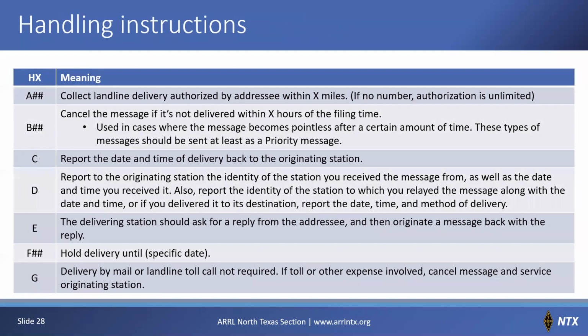The most common one that you'll see is Hotel X-ray Golf, which is a nice way of saying, please don't spend any of your personal money to deliver this. If you're going to have to spend money, then never mind. Don't worry about delivering it, but please send me a message back letting me know that you couldn't deliver it. That's what we mean by servicing the originating station. A service message: I was unable to deliver because of this reason.